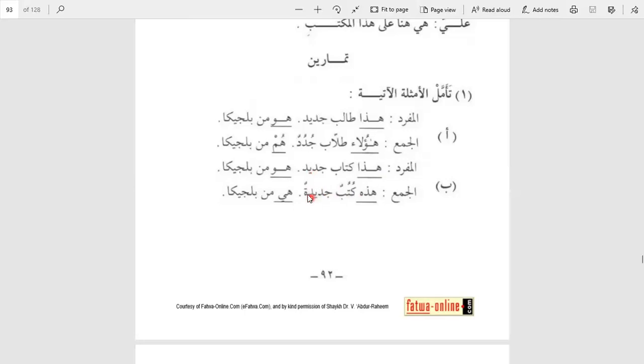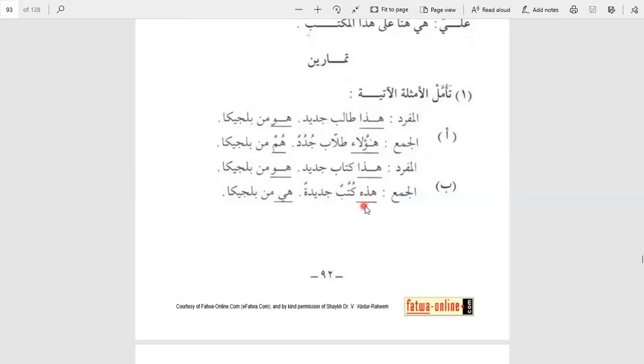Why? Because you now have the ta marbuta, which represents the feminine. It is now جديدة. It is feminine because we say kullu jam' mu'annath, and we refer to them as hadhihi. And when we refer to the feminine, we say here, which is no longer huwa, because this is feminine. Hiya min Belgica. And this is from Belgium.